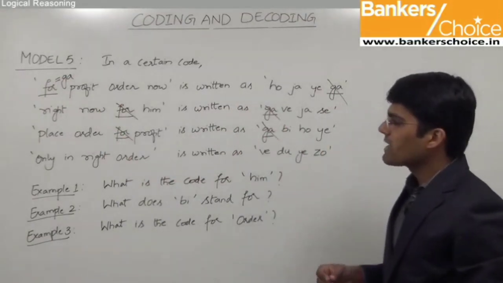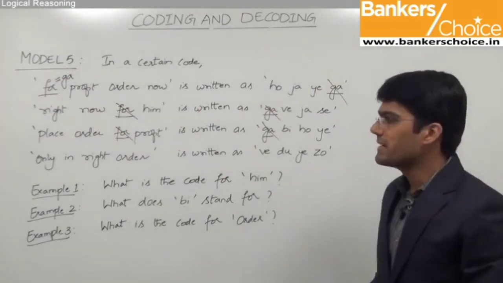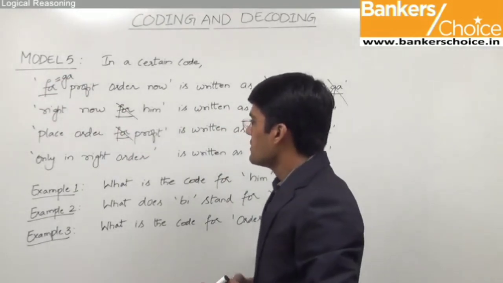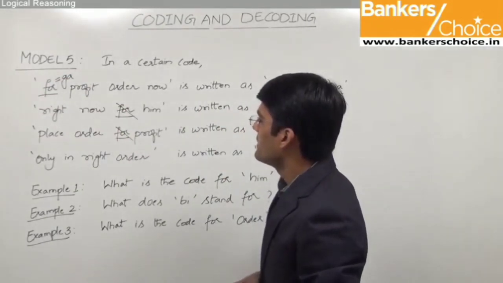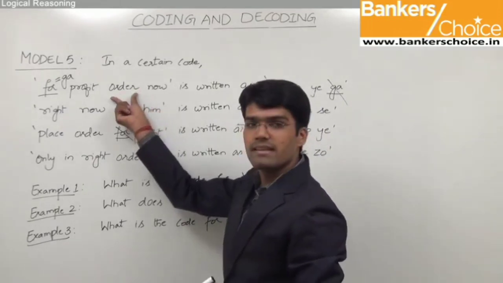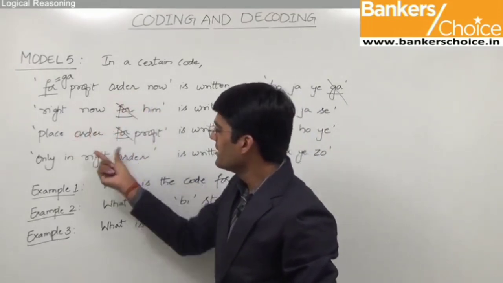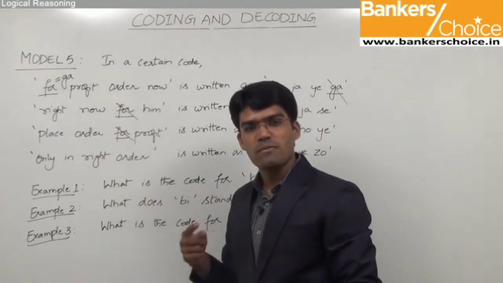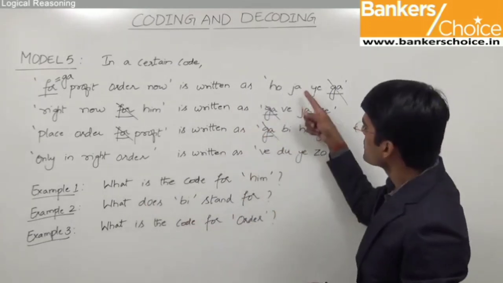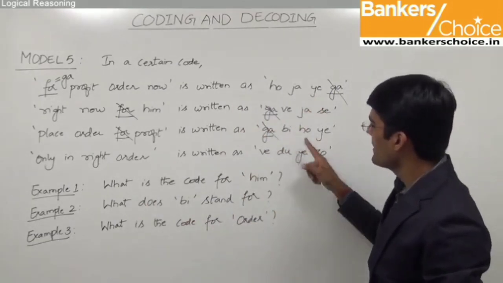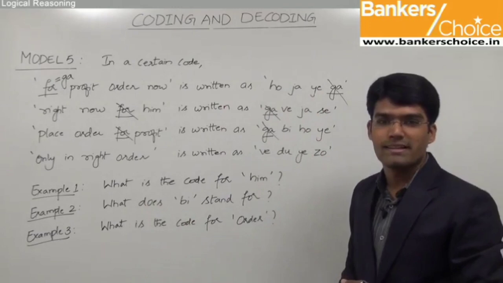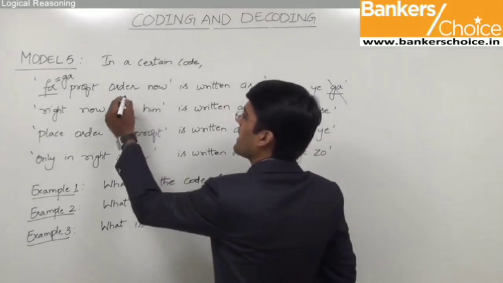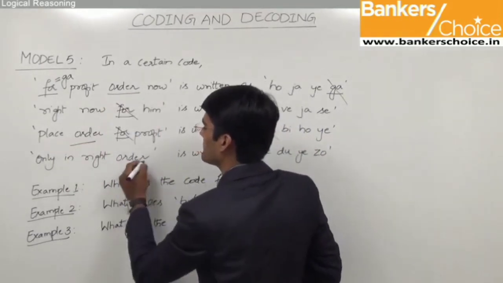Now let us find out something else which is common in 3 statements. So if you look at the statements here, the word order is there in statement 1, statement 3 and statement 4. So it is obvious that the code for order should be present in statement 1, statement 3 and statement 4 on the right hand side. So let us find out the code for order.